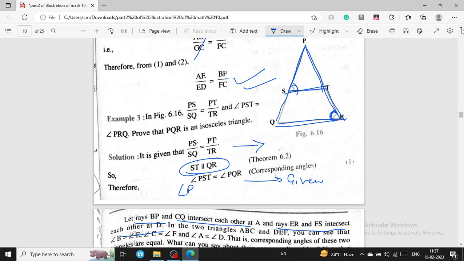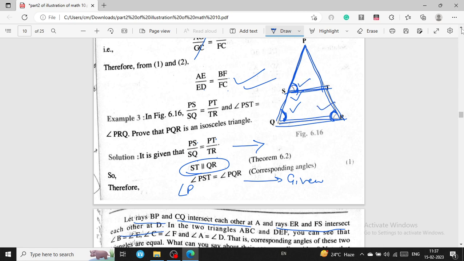These are corresponding angles, and these are given.